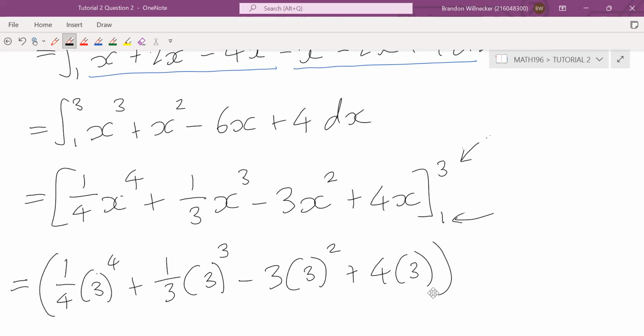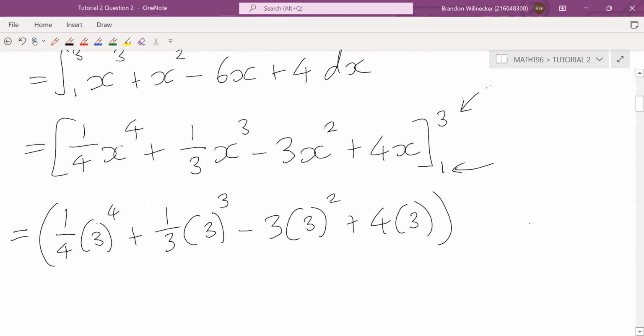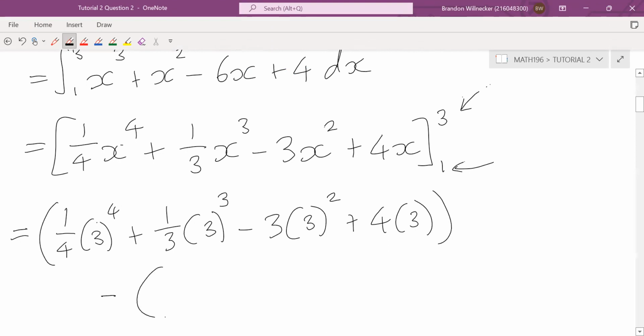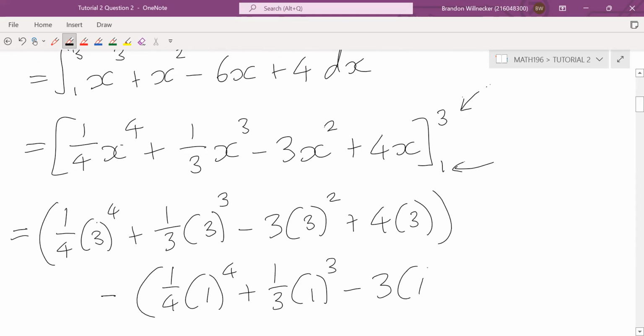Now we need to take the antiderivative evaluated at the lower bound. So that's minus 1/4 1 to the 4 plus 1/3 1 cubed minus 3 times 1 squared plus 4 times 1. So that is the antiderivative at the upper bound minus the antiderivative at the lower bound.